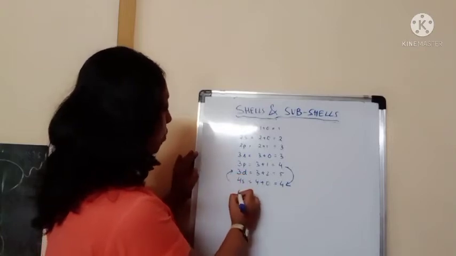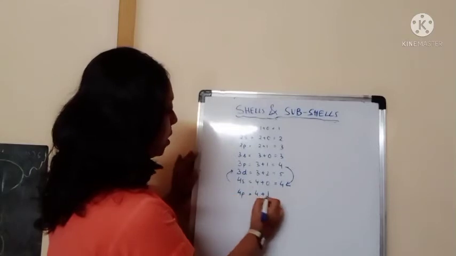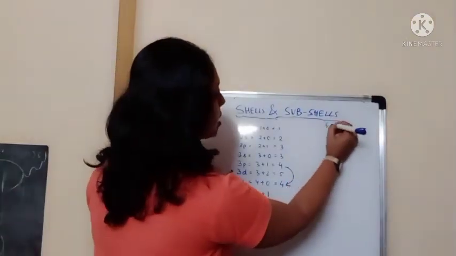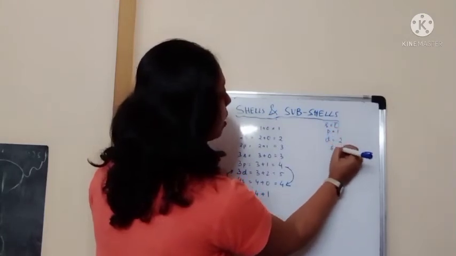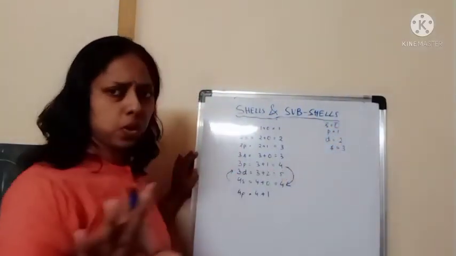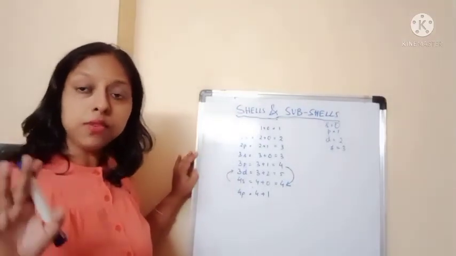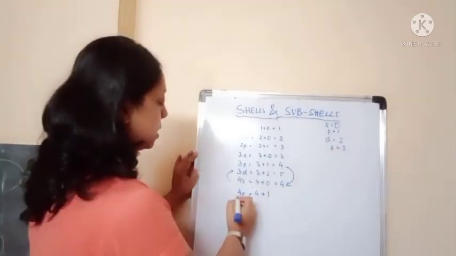Now next, where will it move? 4p. Let's see what energy level comes. 4 plus p. P we know. Let's write it over here. S is 0, p is 1, d is 2, f is 3. So we will not go that far. F we will not study. We will study s, p and d orbitals. So let's see what 4p is.